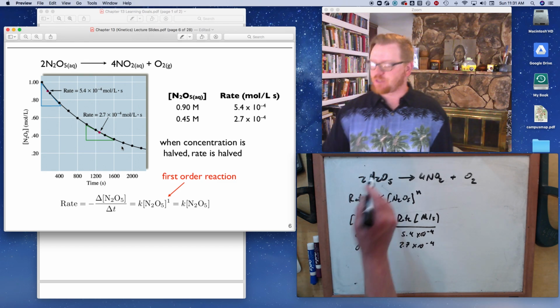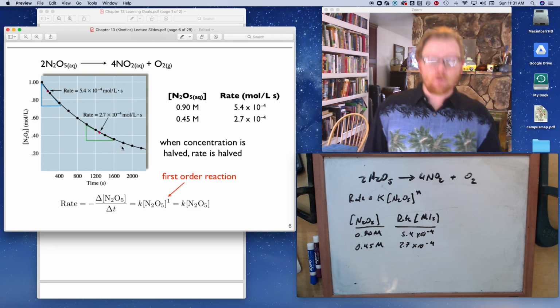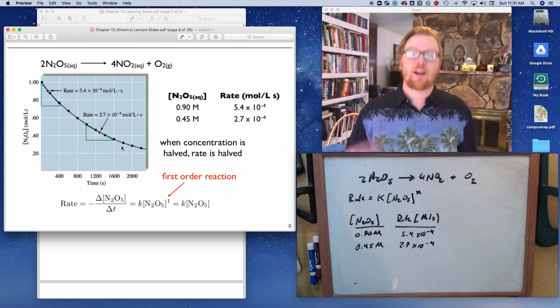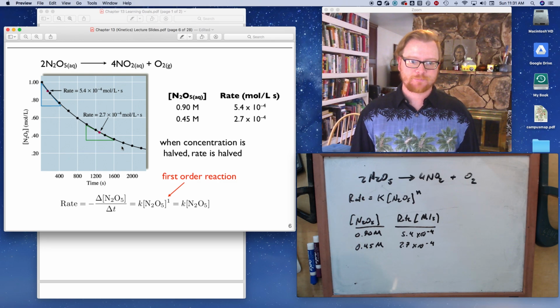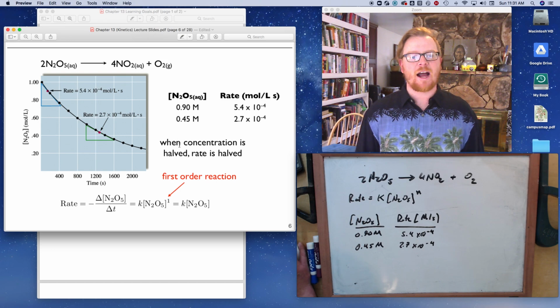We only need 2 data points for one reactant. If we had 2 reactants, we would need 3 data points. If we had 3 reactants, we would need 4 data points, and I'll show you how that works momentarily. Okay, so as you notice here, when concentration is halved, the rate is halved.